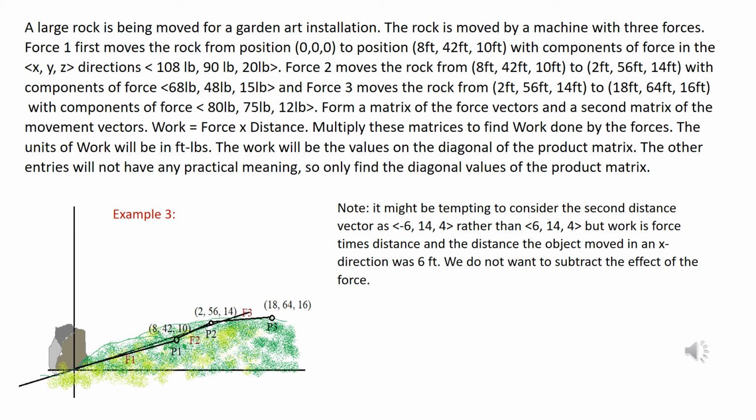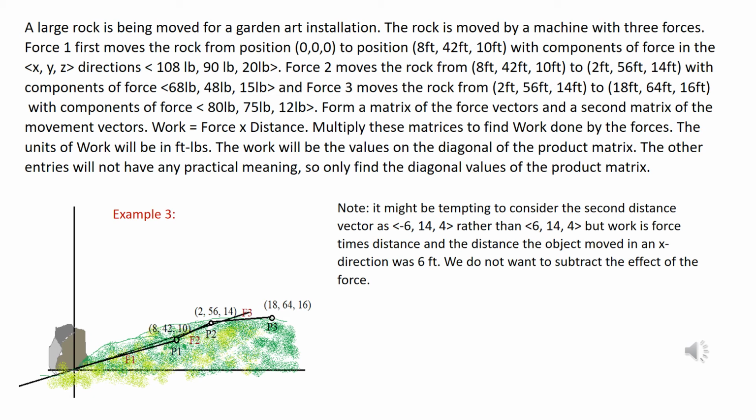Then force 2 moves the rock from that second position, 8, 42, 10, to the position 2, 56, 14, x, y, z respectively. And the components of that force are 68 pounds in the x direction, 48 pounds in the y direction, and 15 pounds in the z direction.